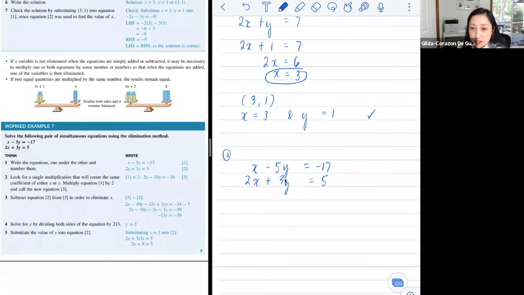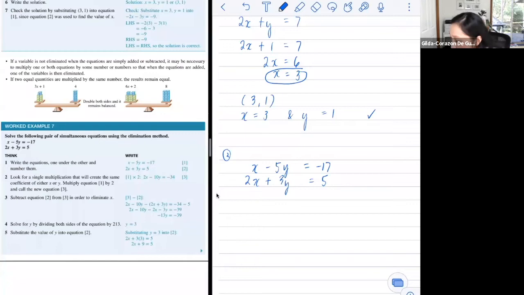So with this one, if you would choose a y, you would have to change the 5 and you would have to change the 3, right? But if you choose the x, this is already 2. So why don't you just make this as negative 2x, right? So if you make this as negative 2x, how do you make that as negative 2x? You would multiply it by negative 2.